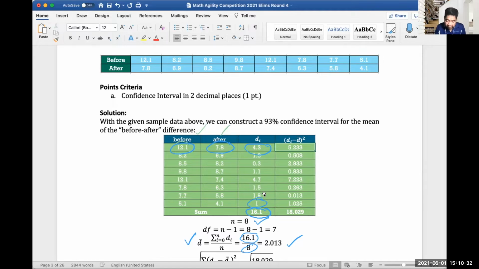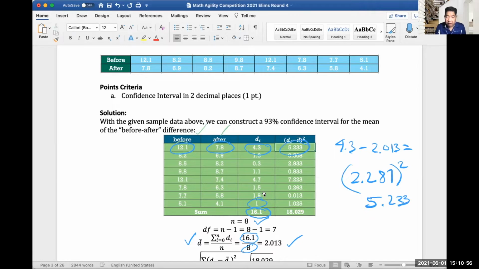So 4.3 minus 2.013 is equal to, what's that? 2.287. And if you square that, this would be the value, which is 5.233.